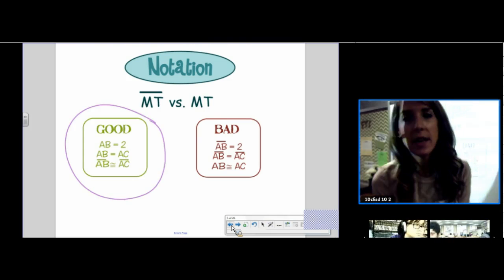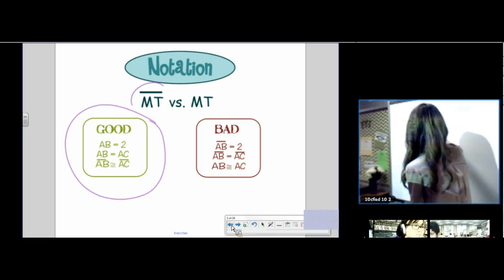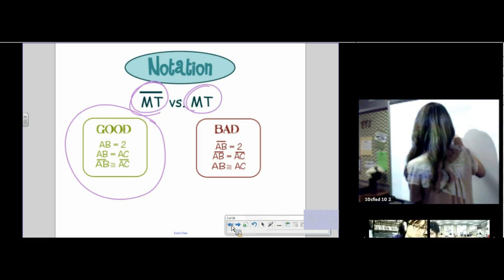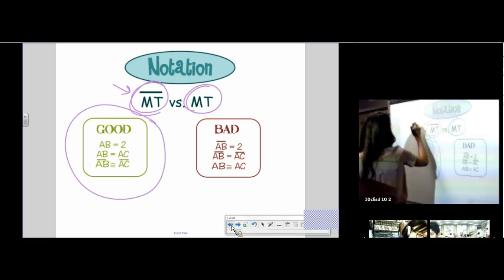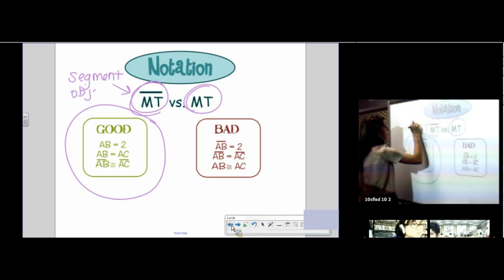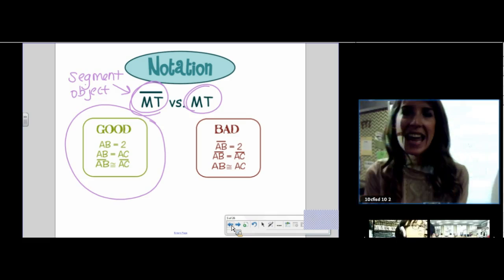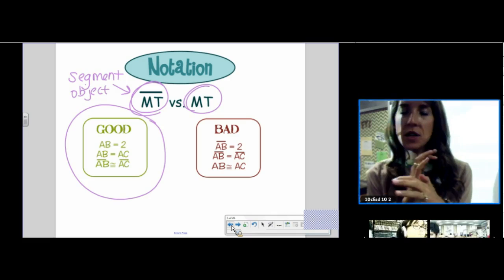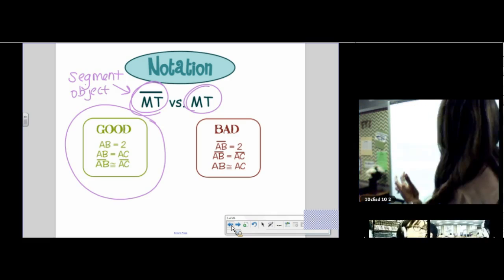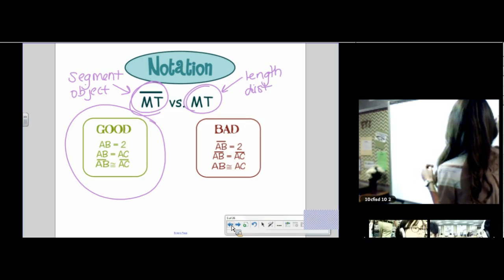I want to take a minute to really talk about the difference between this and this. This first one is a segment. It's like an object. It's an actual geometric thing. Now, when you don't put the segment over it, this is a length or a distance.